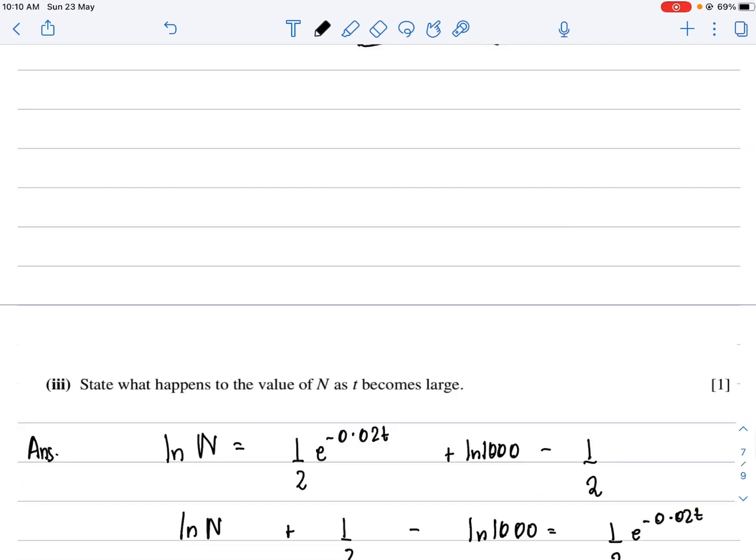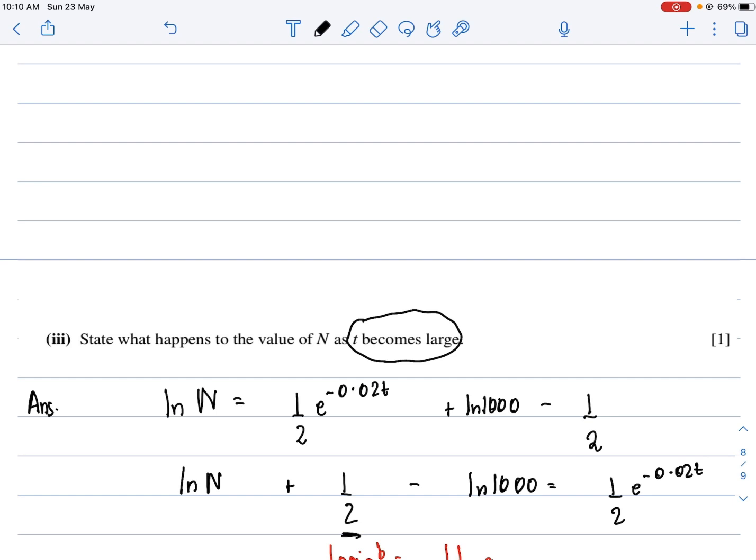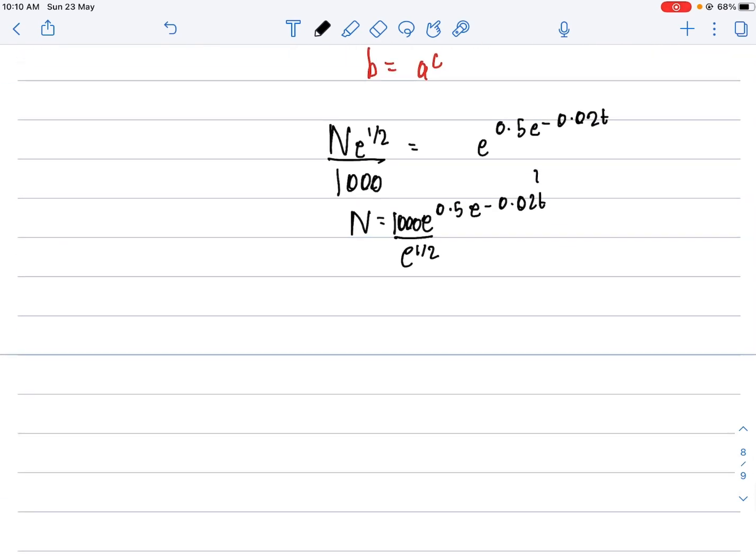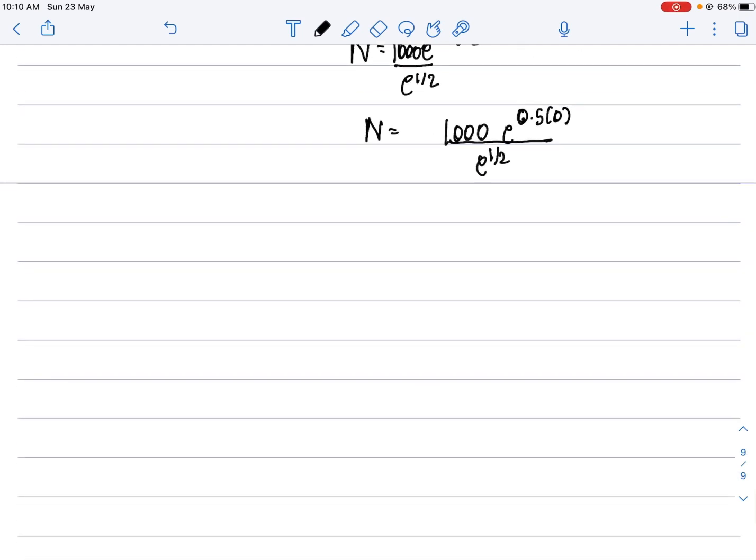Now, when t becomes large, tends to infinity, this will become 1000 with e raised to 0.5 into 0, correct? Because when it tends to infinity, over e raised to half. So now I can write N equals 1000 over e raised to half. This is basically the final answer of the question.